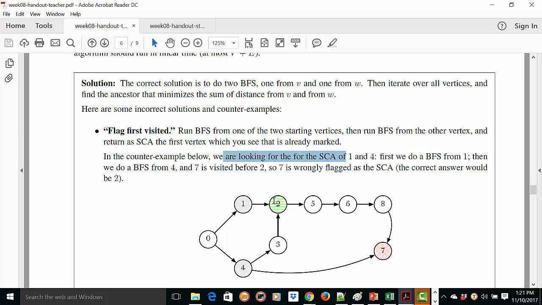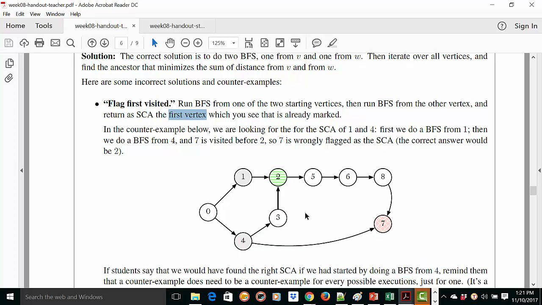But the correct answer would be 2. So you have to run the BFS from one vertex first, but in the second one, you shouldn't stop when you see the first common ancestor, because that may not be the correct answer. So you've got to be careful there.